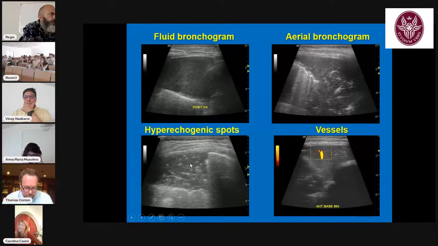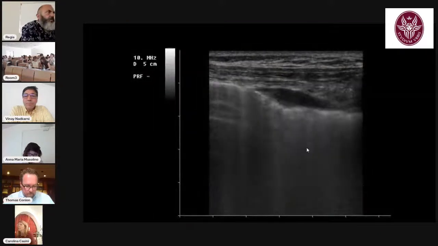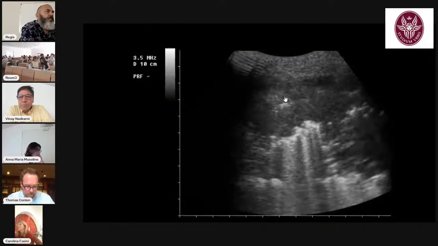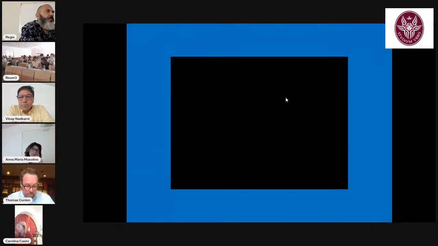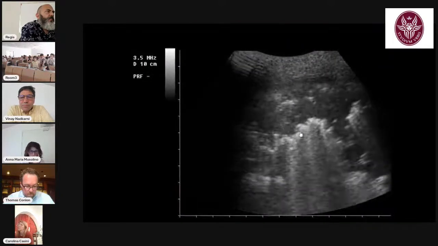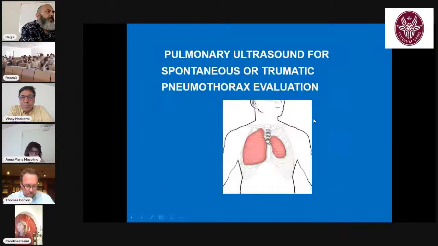This means that the consolidation is recovering. Also, we can see some vessels, and we can usually detect them very easily with the color Doppler. And this is how consolidation appears. Do you see the hyperechogenic spots inside that we were talking about before?